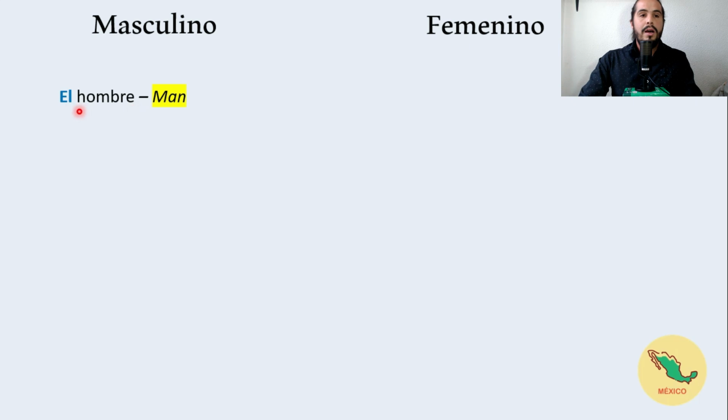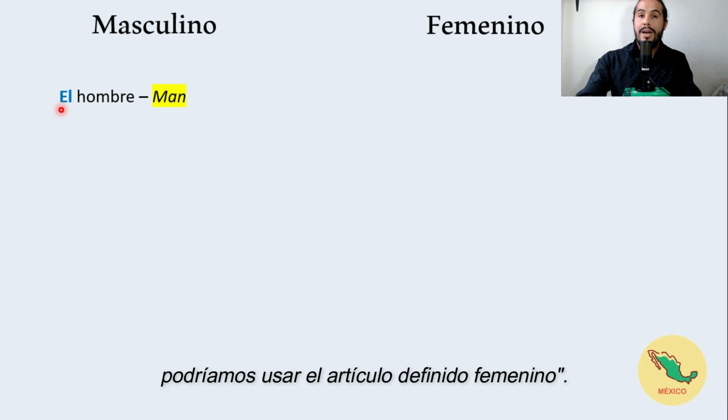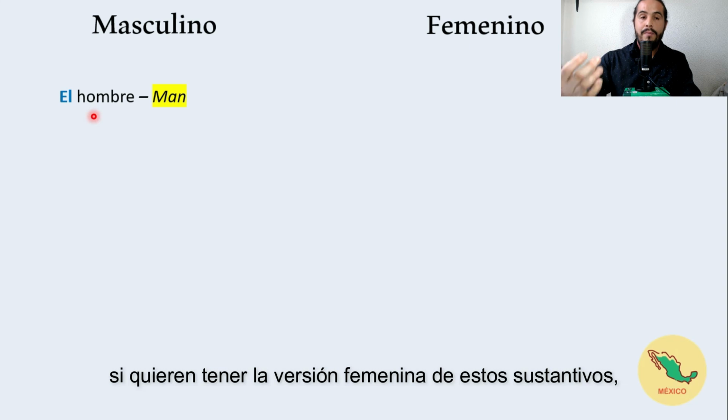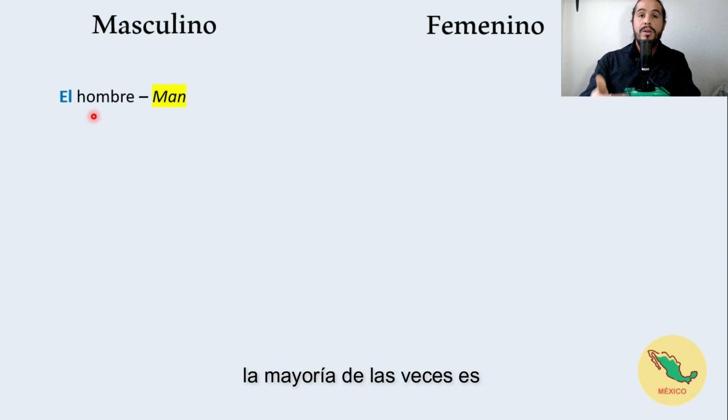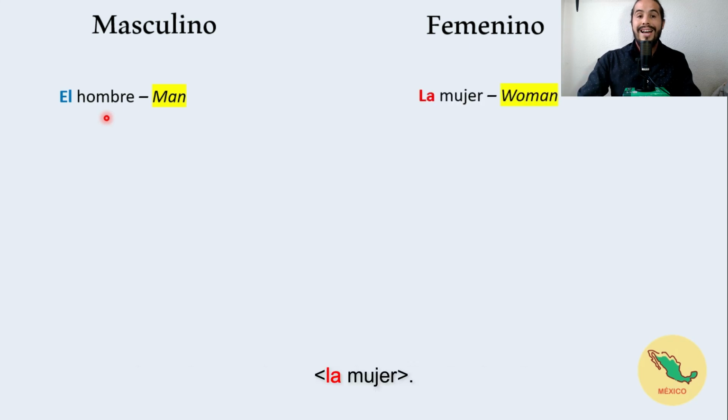Or maybe the only thing you need to do is to change the definite article. So instead of a masculine definite article, you may use a feminine definite article. But no, in this case, if you want to have the feminine version of these nouns, most of the time you need to give a totally different word. So in this case, the feminine version of hombre is la mujer.